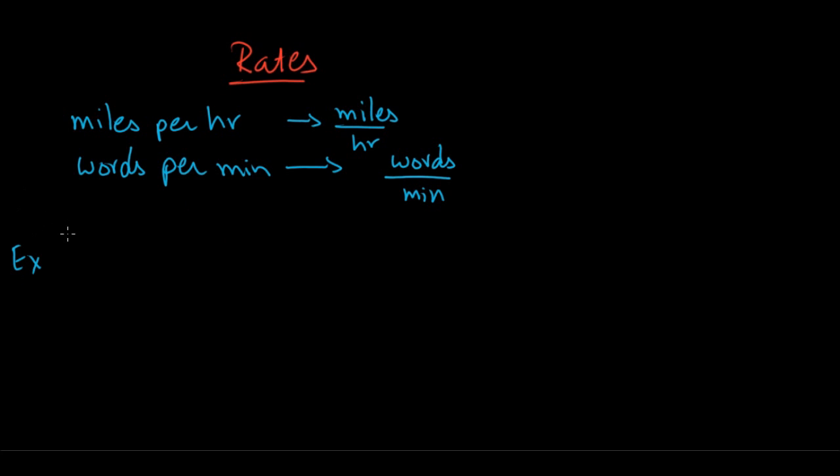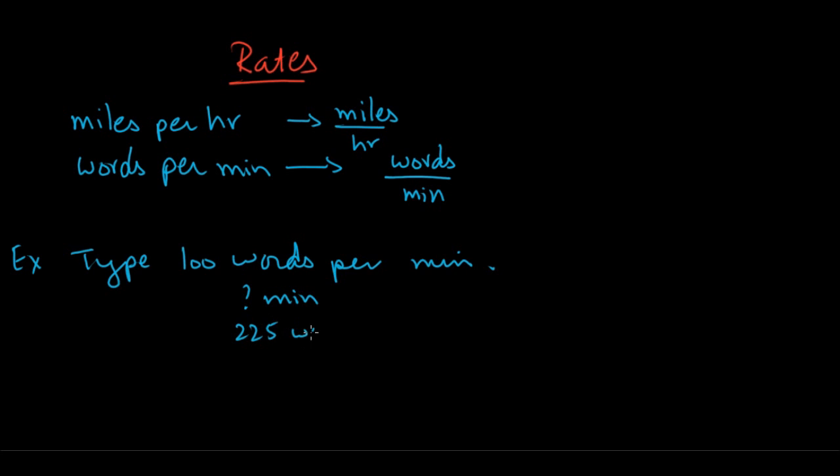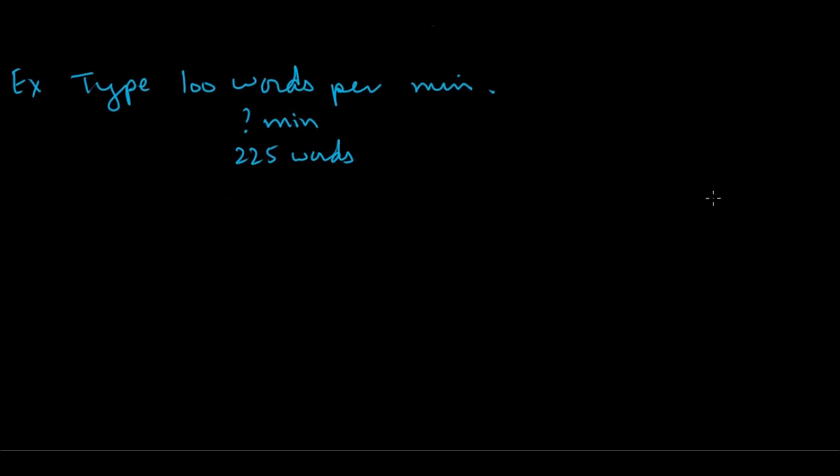Suppose someone types 100 words per minute, and you want to know how many minutes this person needs to type 225 words. Here you can set up a proportion.